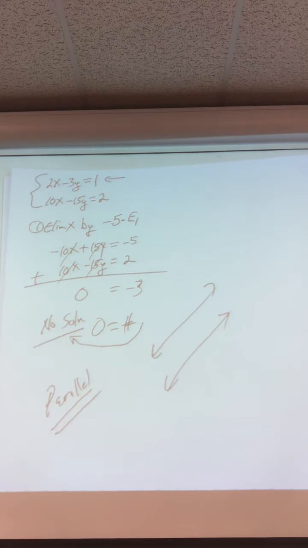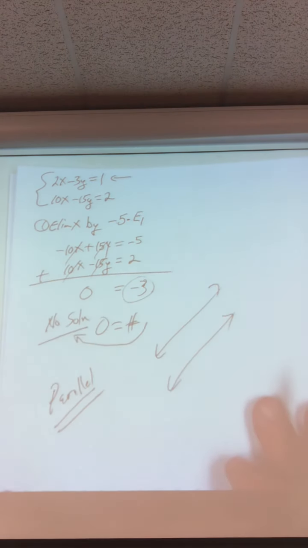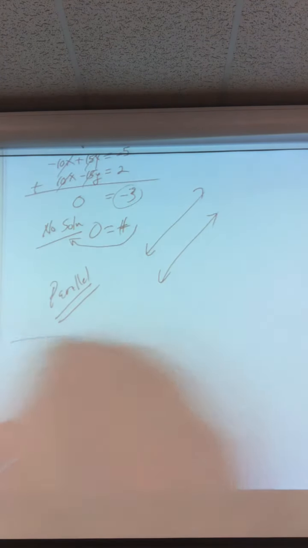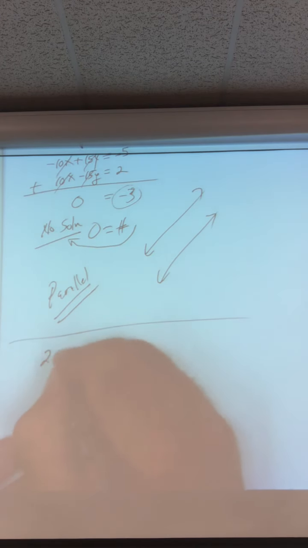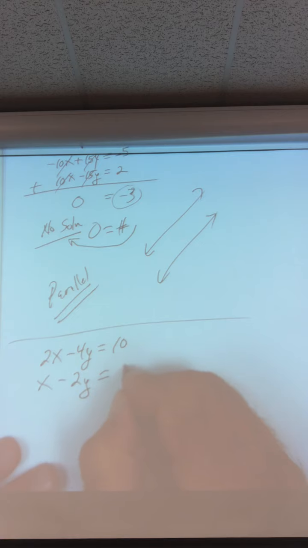That means that they never cross. So if the variables cancel and it's equals some number over here, it's no solution. Now, let me show you how you can tell when you're in the other case. See, there's no way of just looking at it and telling at the beginning. You have to try to solve it.